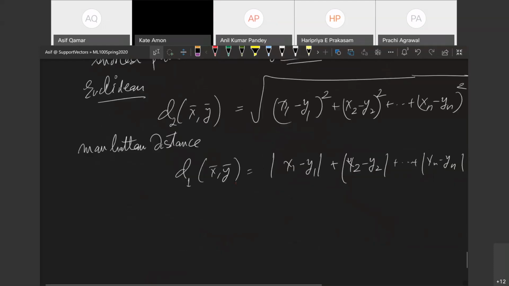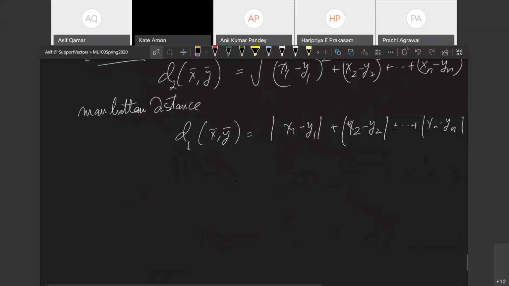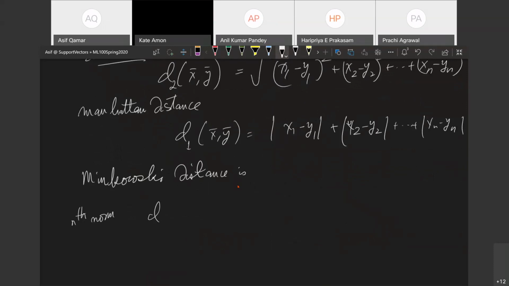And if you remember, long ago, I taught the generalization of this to Minkowski distances. The nth norm is a very simple generalization of this. The distance between x and y, let's say 2 points in Rn, is defined as, what is it defined as?